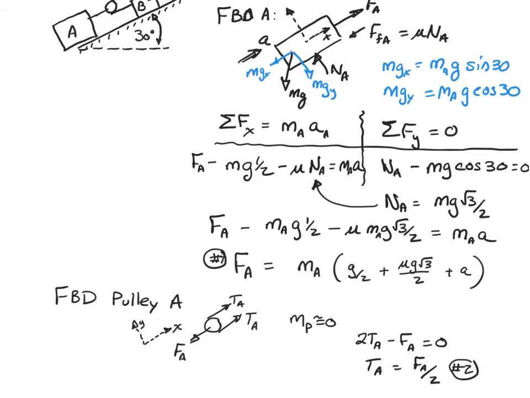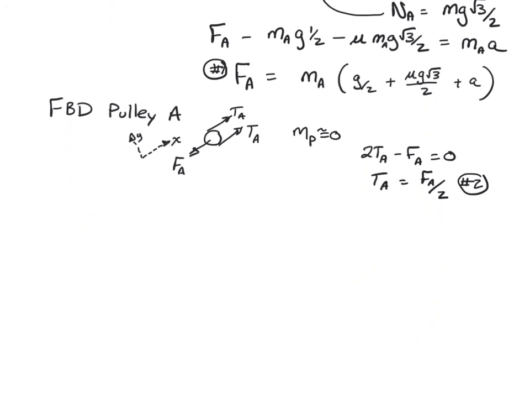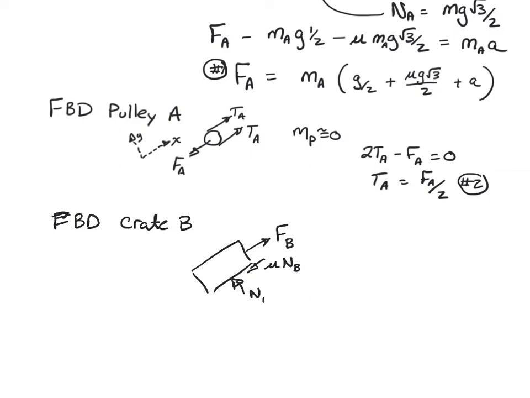My next free body diagram, roll up here, give myself space. That's going to be free body diagram of crate B. Again, it's a facsimile where I'm going to have now a force B, that's the pulley on B, pulling up. There's the mu times NB, there's the normal force B. Here's my coordinate system, same coordinate system.